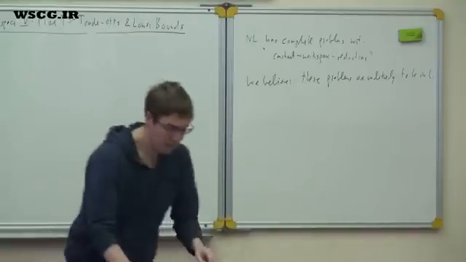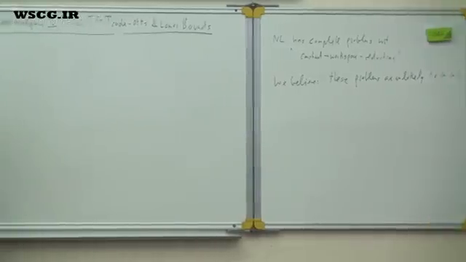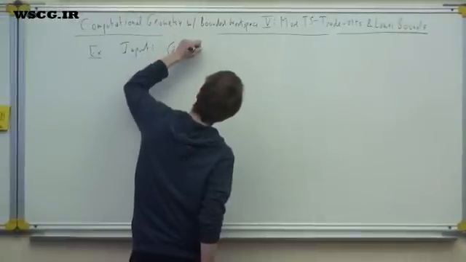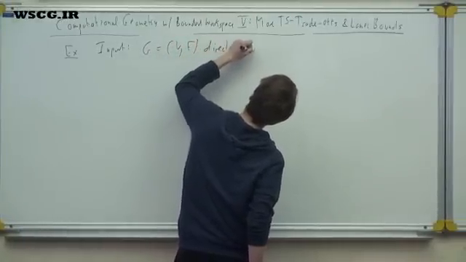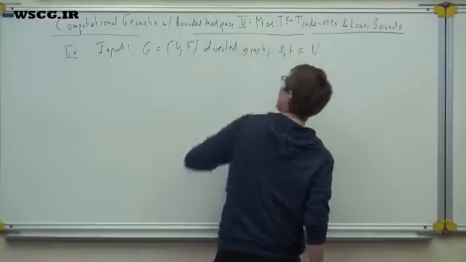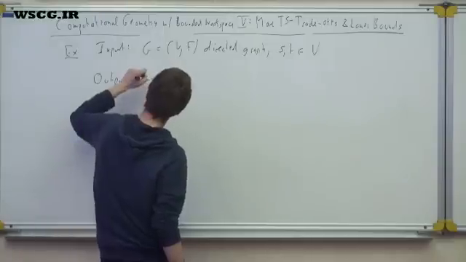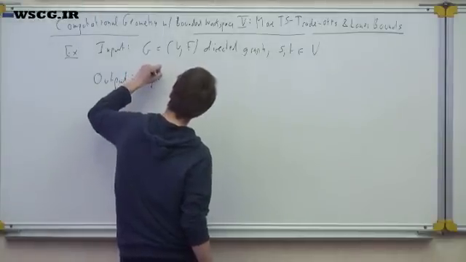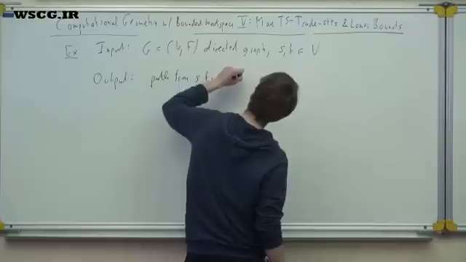The input is G equals (V, E), a directed graph, and we have two nodes S and T in V, and the output is a path from S to T if it exists.